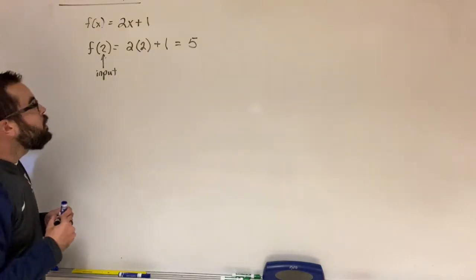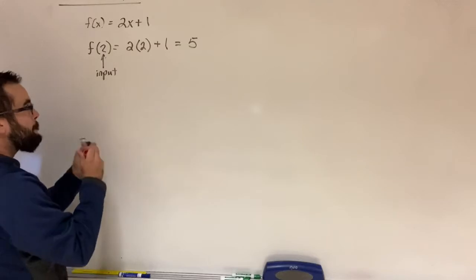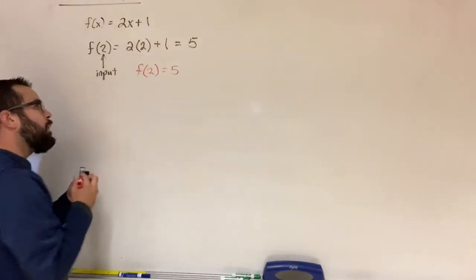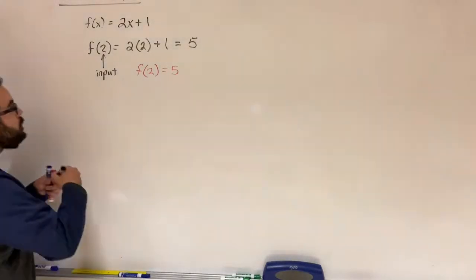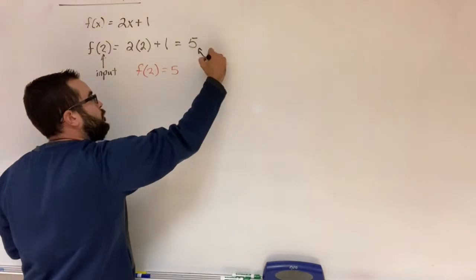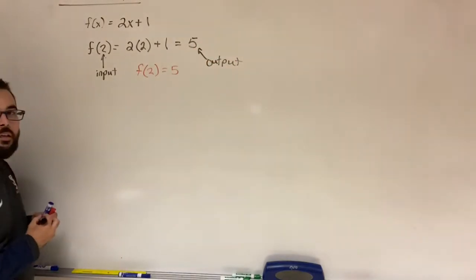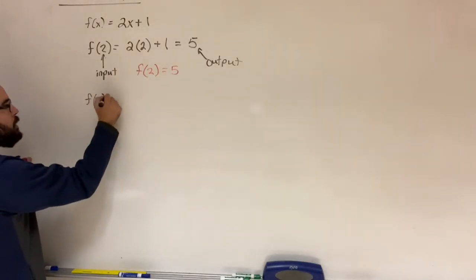All right, so we can say that f of 2 is equal to 5. All right, so that 5 was our output. All right, let's do another number. Pick any old number. I'm just going to go with 3.